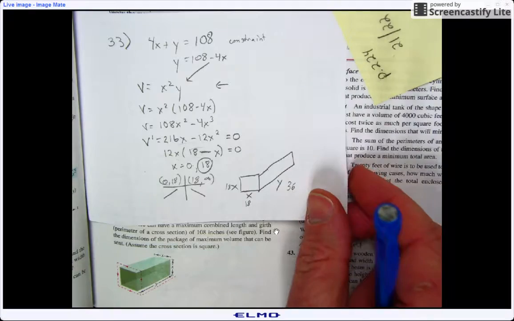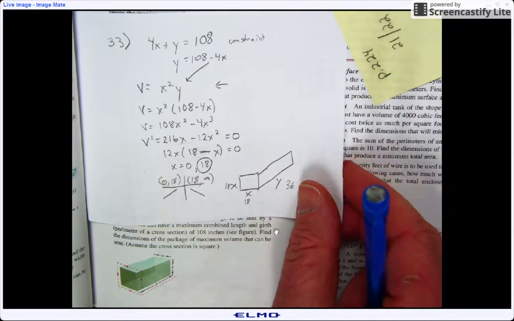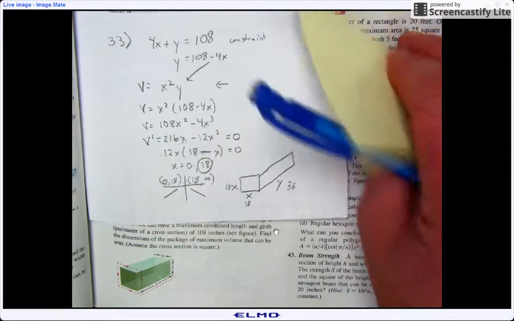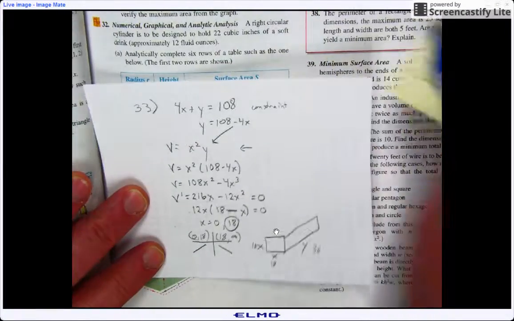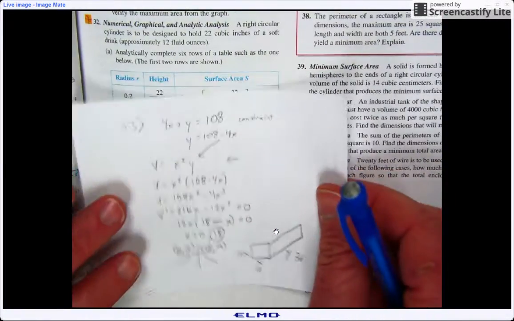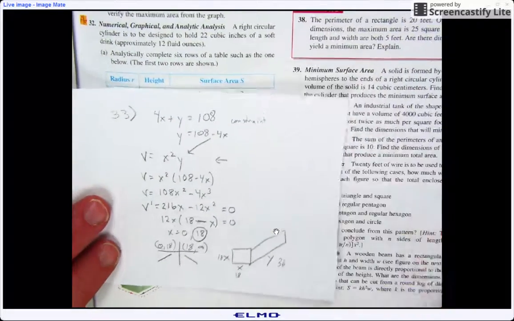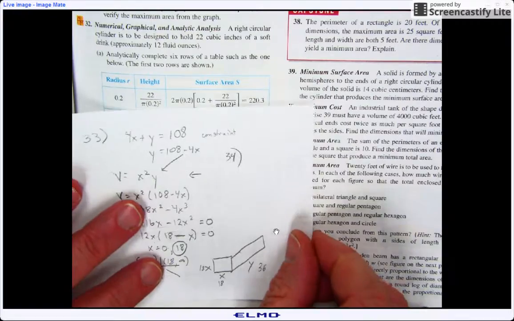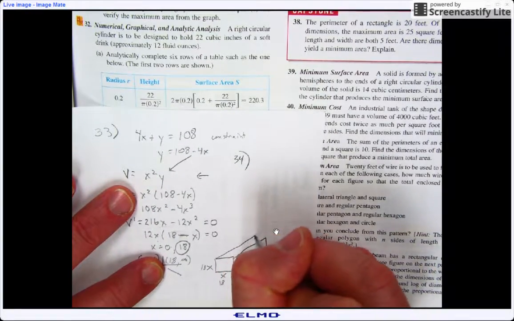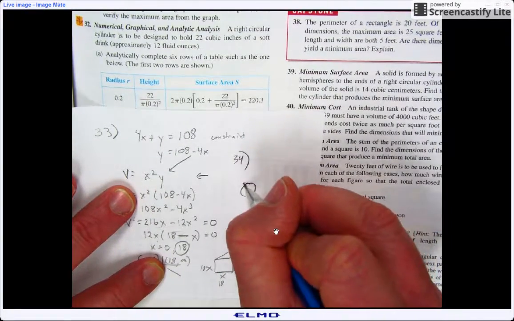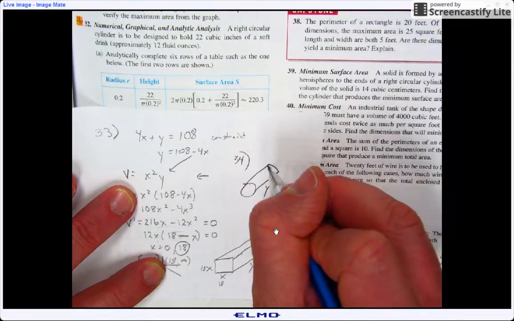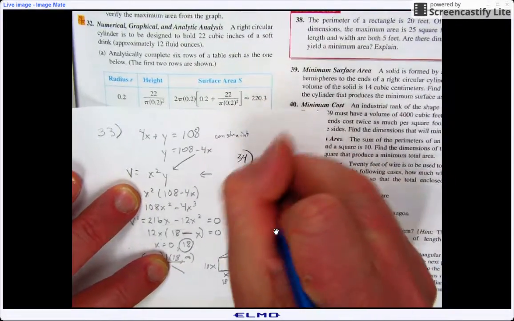And then the question is basically the same for number 34, only you're reworking the problem for a cylindrical package. So the difference with 34 is that when you talk about the perimeter plus the length, it's a cylinder.